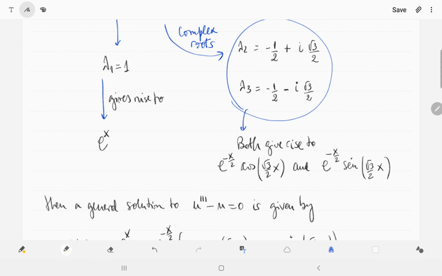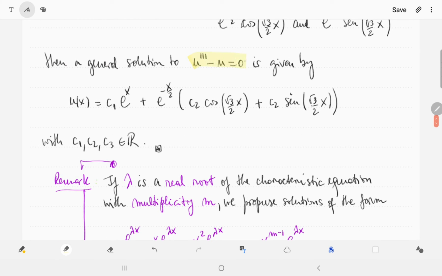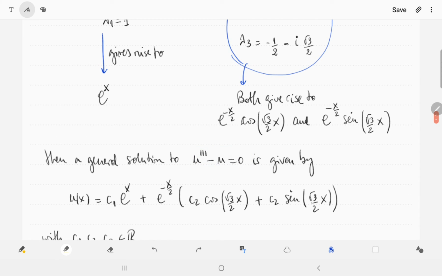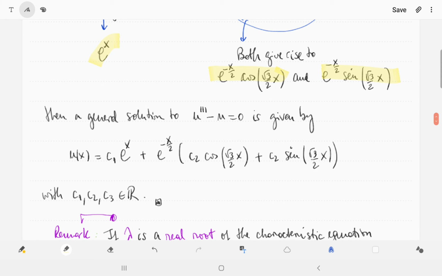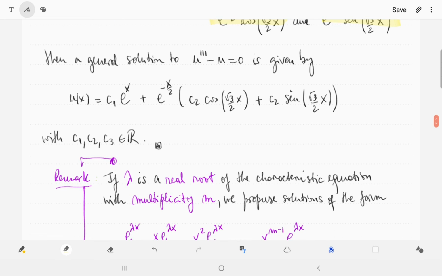Okay, so going back to our example, we have this third order ODE, homogeneous, with constant coefficients, and we found these 3 solutions. So we have a third order ODE, 3 solutions. You can check as an exercise that this set of 3 functions forms a set of fundamental solutions.